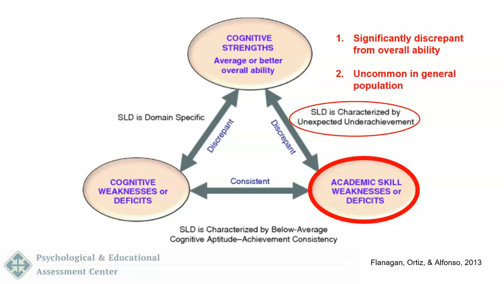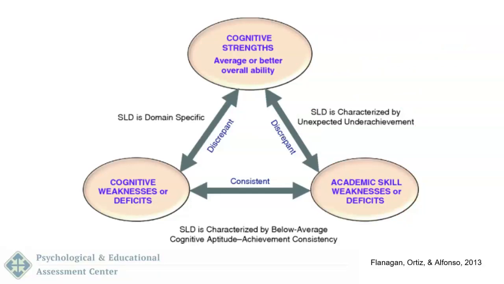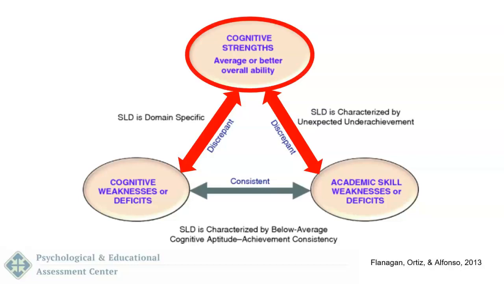Once again, this is calculated by identifying an academic score significantly discrepant from the individual's overall ability, and that discrepancy should be uncommon in the general population. These two areas of discrepancy that we just reviewed refer to the dual discrepancy requirements in the name Dual Discrepancy Consistency Model. That is, there needs to be found a discrepancy between overall cognitive ability based on strengths and the weaknesses or deficits found in the areas of cognitive processing and academic skills.